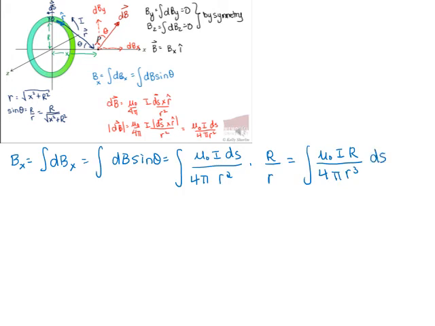Now r cubed: if r is equal to x squared plus R squared to the 1/2, r cubed is x squared plus R squared to the 3/2.